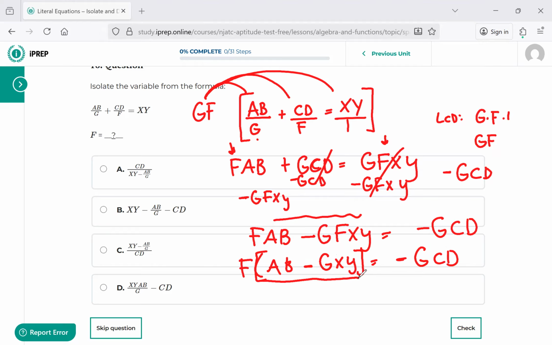Now we have to get rid of this AB minus GXY by dividing both sides by AB minus GXY. Now do you see our answer?